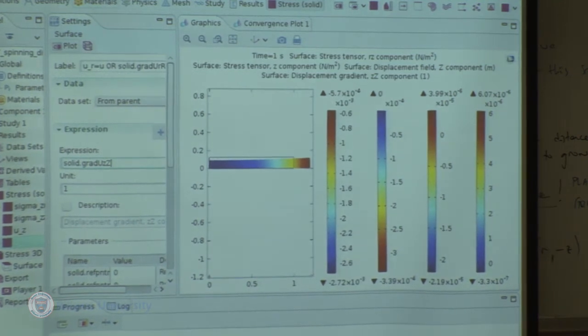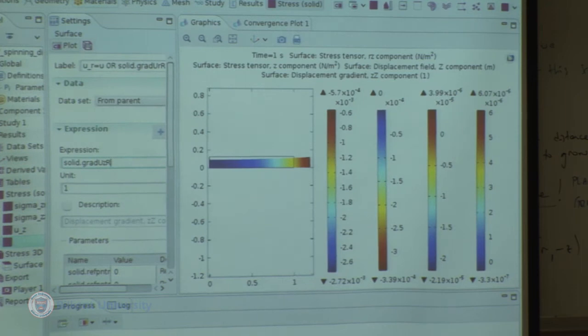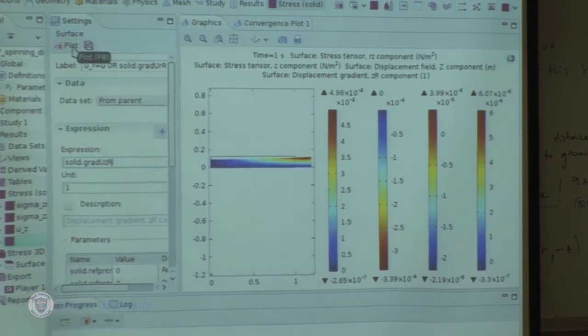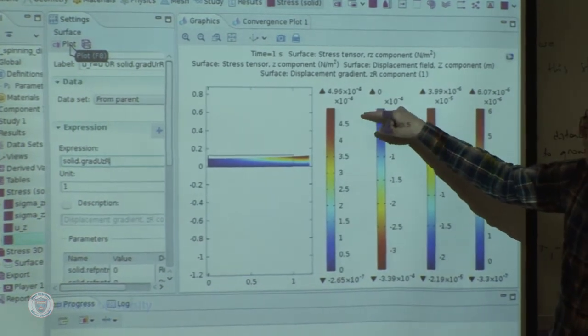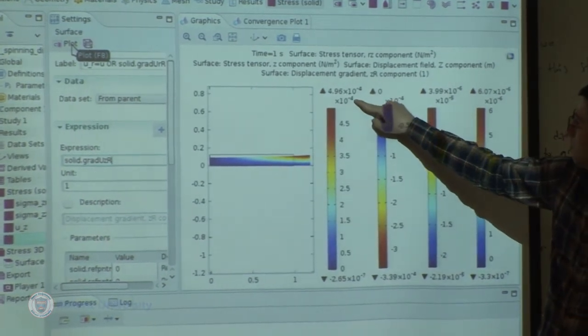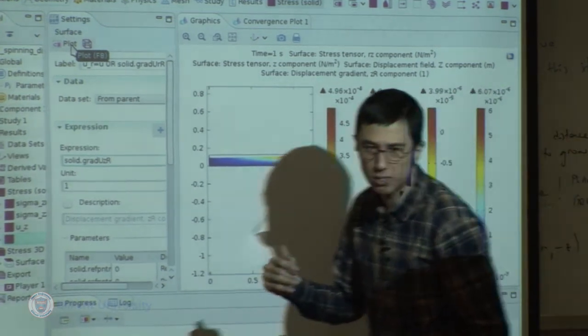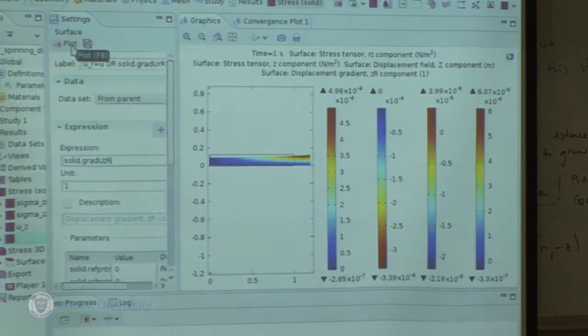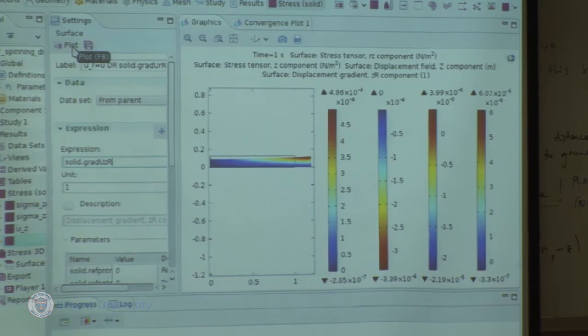And now I can look at UZ,R to highlight the variation of UZ with respect to R. 2 times 10 to the minus 3 versus something that is maybe close to half of that. So it's not much less. It's still not even an order of magnitude. So when you look at the stresses, they are rapidly vanishing. But this radial dependence of UZ, and Z dependence of UR, it doesn't seem to vanish.